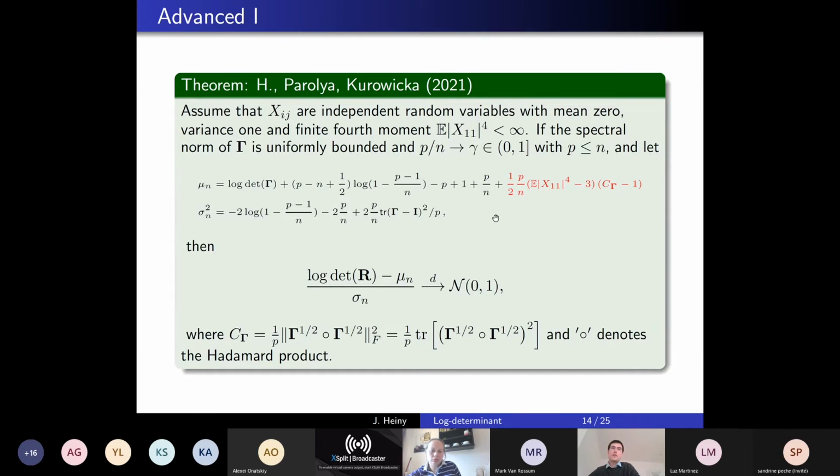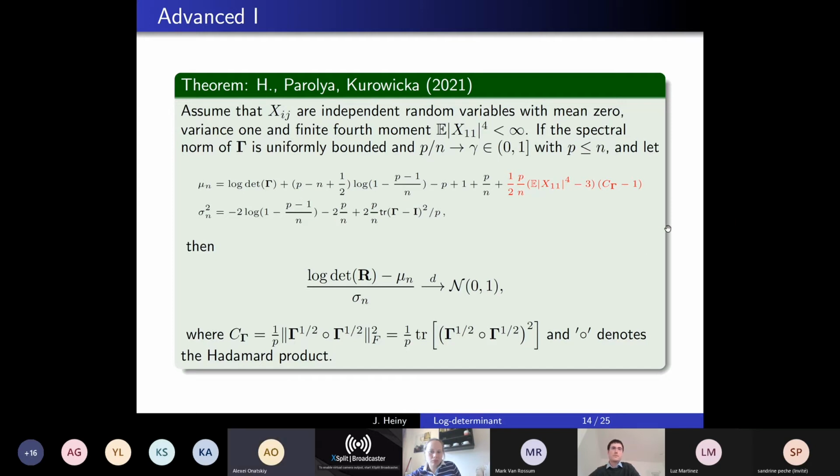But the short answer to your question is that even in these cases, R is not singular, and that's what's important.